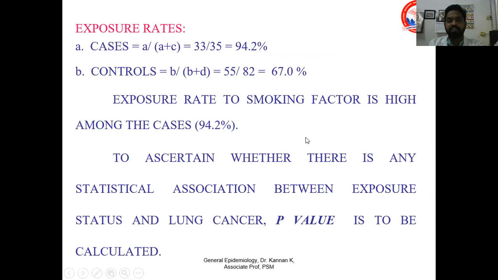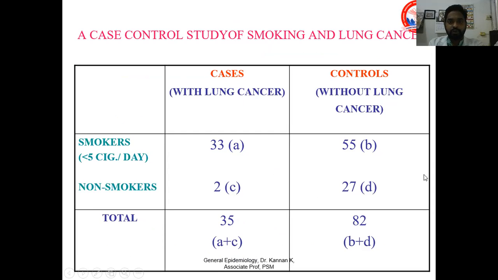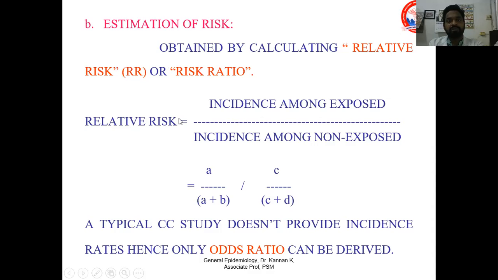Similarly, the incidence among the non-exposed: C plus D is 29, the non-exposed group. Out of the non-exposed, how many are getting the disease? 2, that is C. So C divided by C plus D is the incidence among the non-exposed. So relative risk will be the incidence among the exposed divided by the incidence among the non-exposed, that is A divided by A plus B over C divided by C plus D.